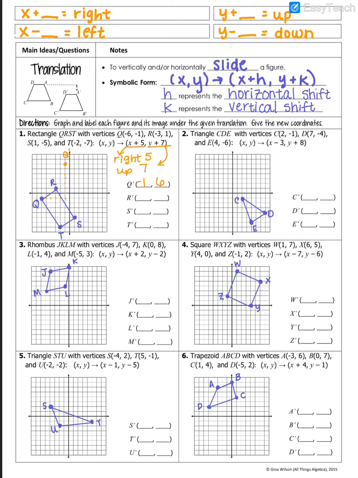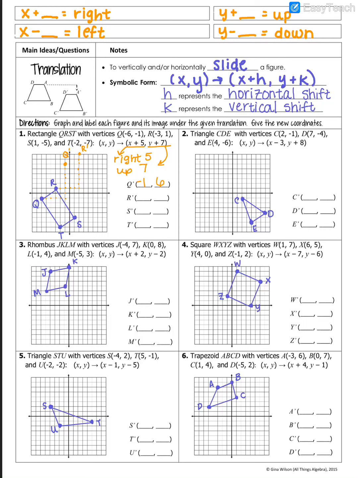Okay, so then we're going to do the same thing with R. So right 5, up 7. So I have 1, 2, 3, 4, 5. 1, 2, 3, 4, 5, 6, 7. So there's R prime. Okay, and hopefully the dots aren't confusing you.